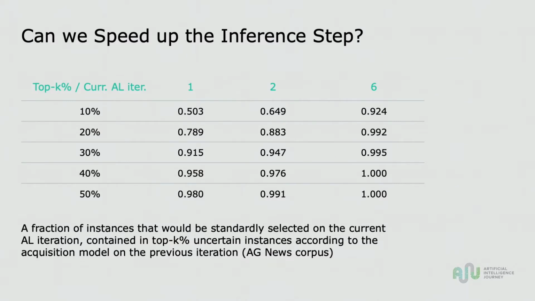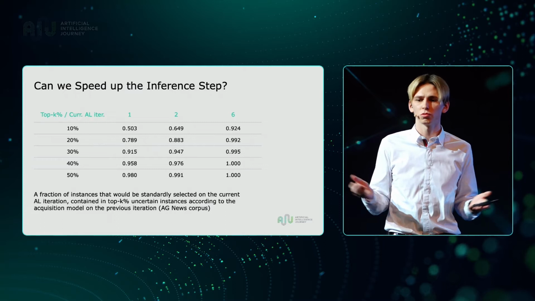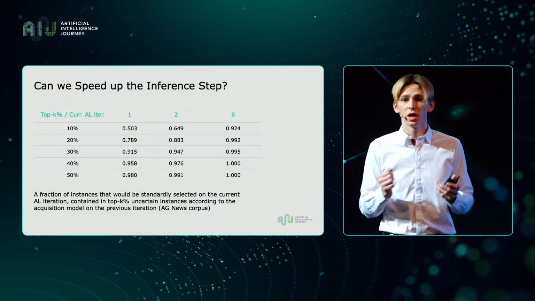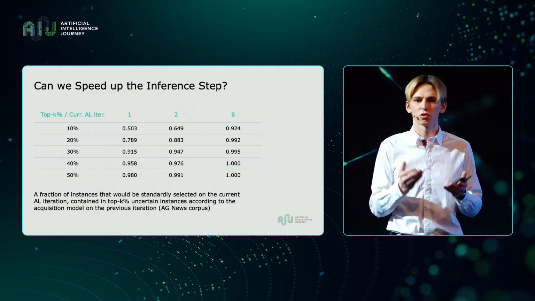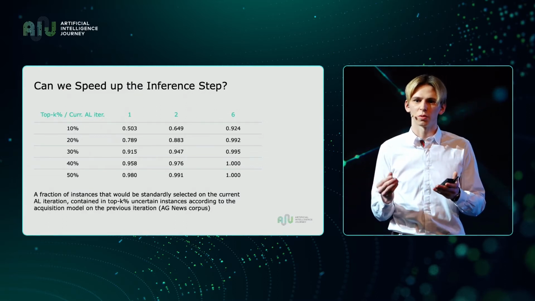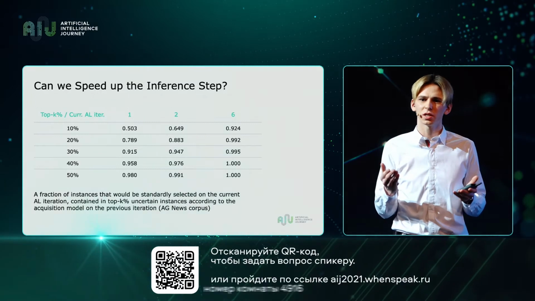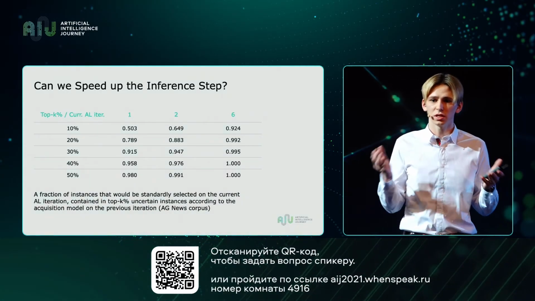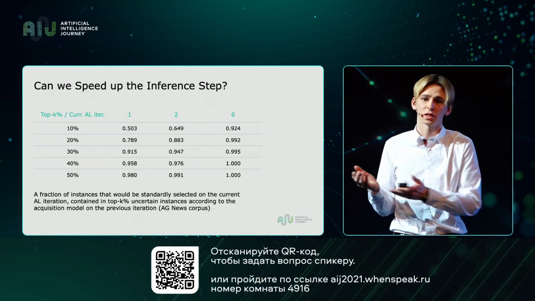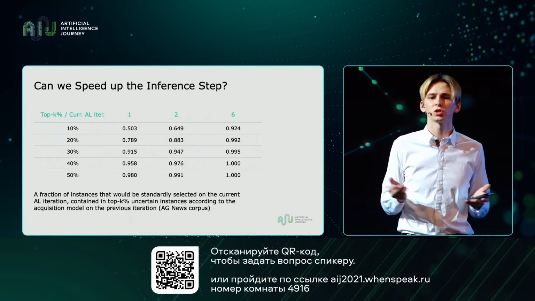Then we see the fraction of those that would be standardly selected on the current AL iteration contained in the top K% of uncertain instances according to the acquisition model on the previous iteration. So we see the share, and it's going to be contained in this set of examples chosen by the next models.